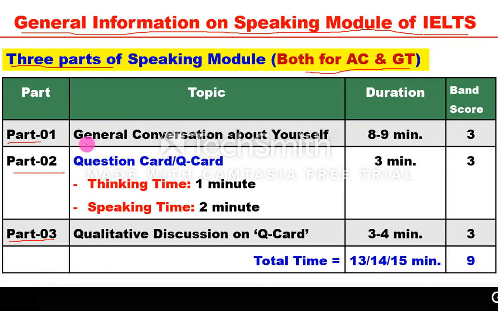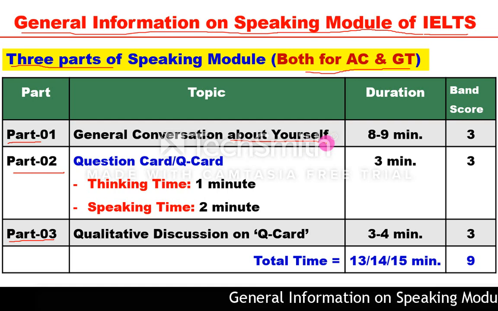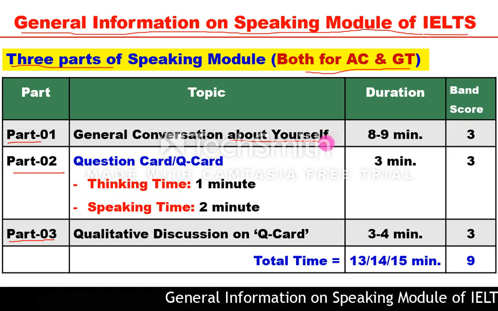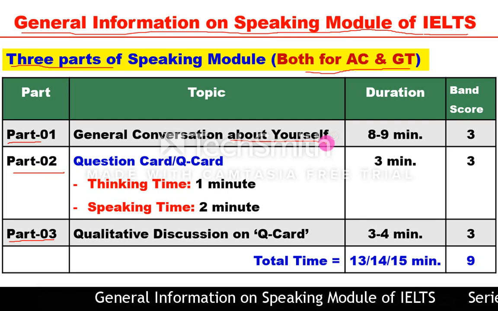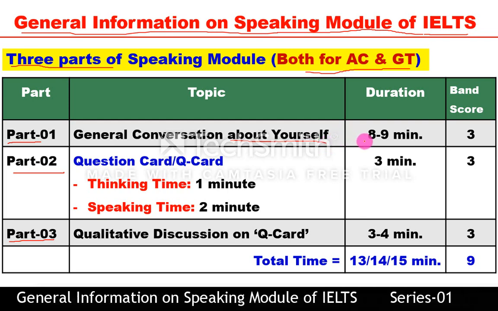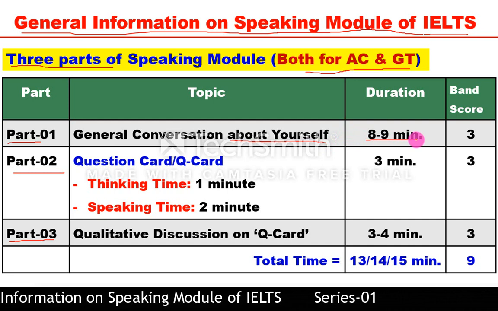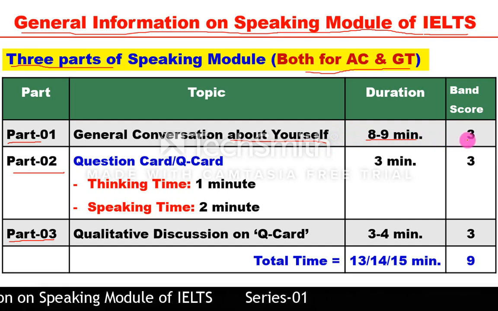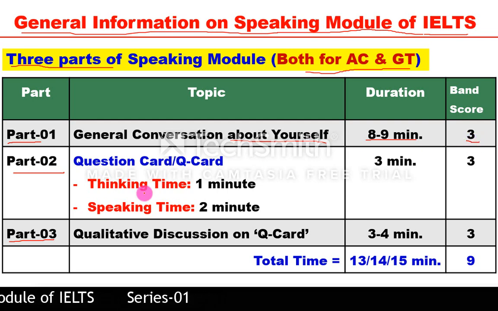In Part 1, you will be asked questions about yourself, like what's your name, why are you taking IELTS, what's the meaning of your name. These sorts of very simple questions you will be asked in this part. Here you will have between 8 and 9 minutes, and the band score usually considered here is 3.